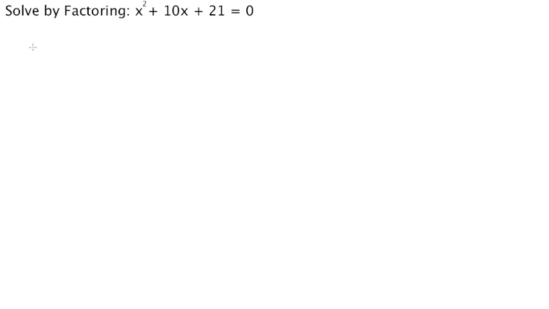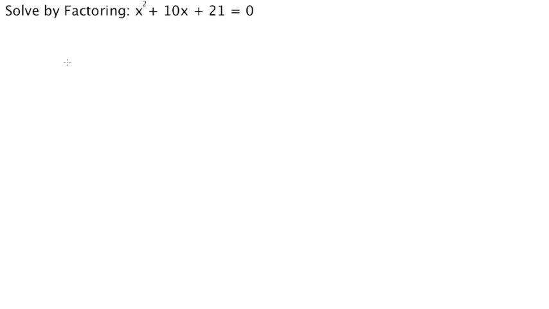Alright, now let's consider this first example. Solve by factoring. So we're going to see two different types of problems in this unit, where we're working with quadratic equations. Here we're specifically told to factor this. So factoring is what we should always try.